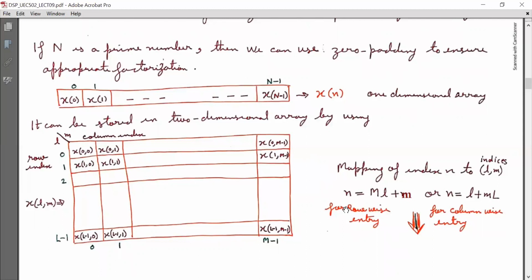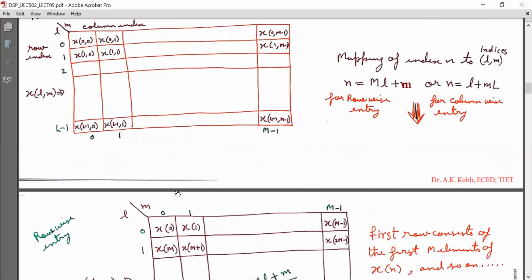For row-wise entry of x(n), n is equal to Ml plus m, and for column-wise entry of elements of x(n), n is mapped to l plus mL. So the sequence x(n) is mapped to x(l,m). It is how it is mapped.